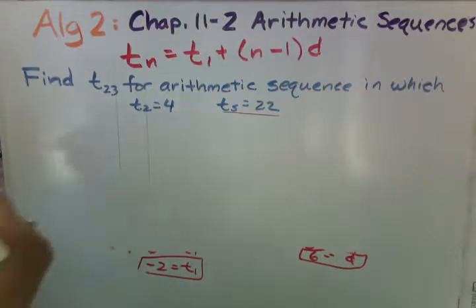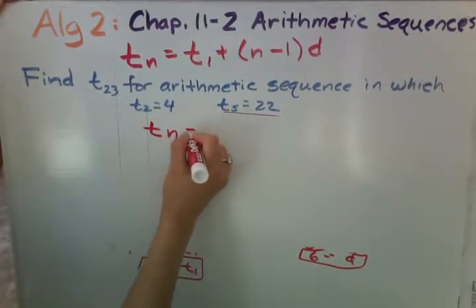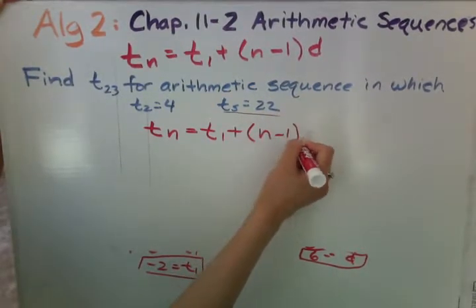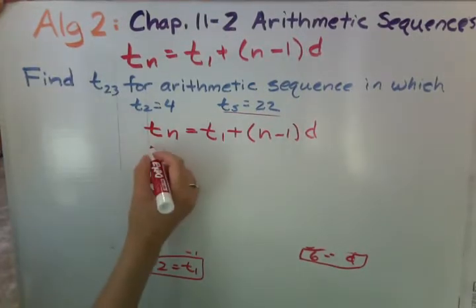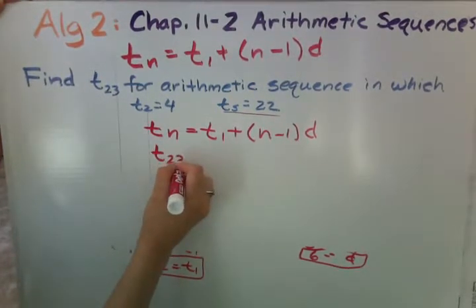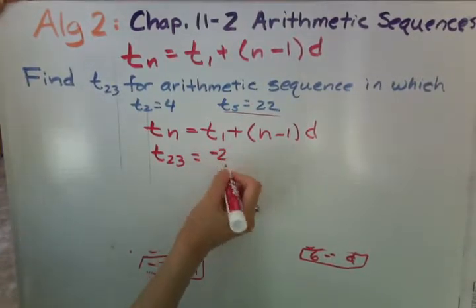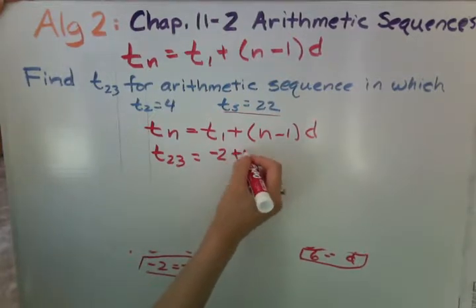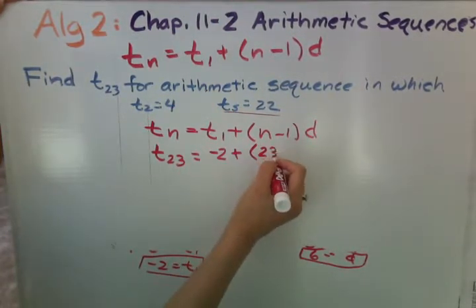Apologize how lengthy this is, but there doesn't seem to be any way around it. So I'm just copying this just so we get more familiarized with this formula. We're going to now look for the 23rd term. We don't know what that is, but we do know that the first term is negative 2. We're just plugging that in. We found that earlier. Plus n, and n is 23.